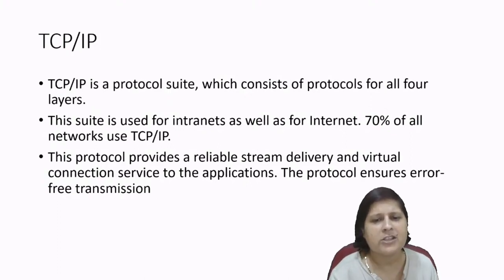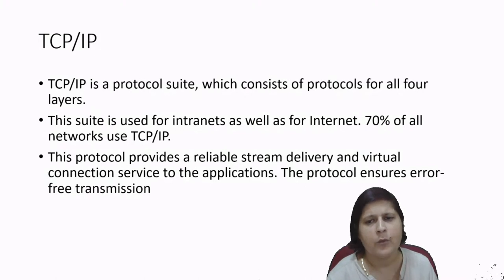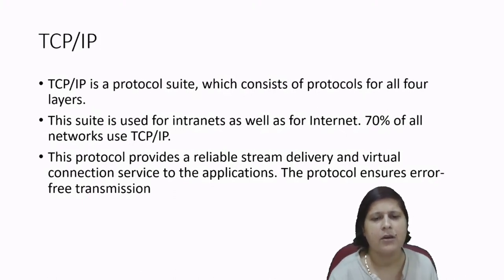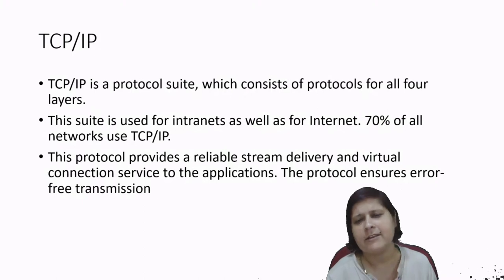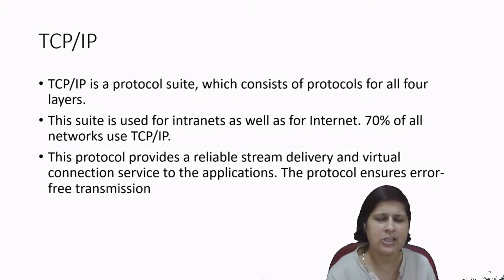TCP/IP, Transmission Control Protocol, Internet Protocol. What is this? TCP/IP is a protocol suite which consists of a protocol for all 4 layers. This suite is used for internet as well as for intranet. 70% of all networks use TCP/IP.